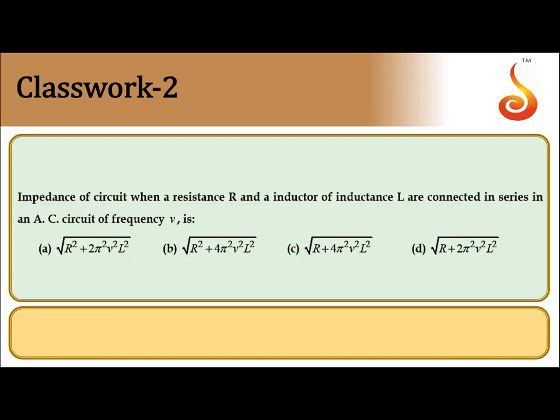Example 2. Impedance of a circuit when a resistance R and an inductor of inductance L are connected in series in an AC circuit of frequency nu is. Impedance is given by square root of R square plus (XL minus XC) whole square.